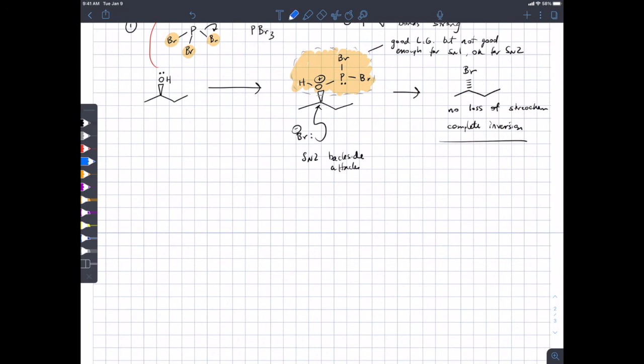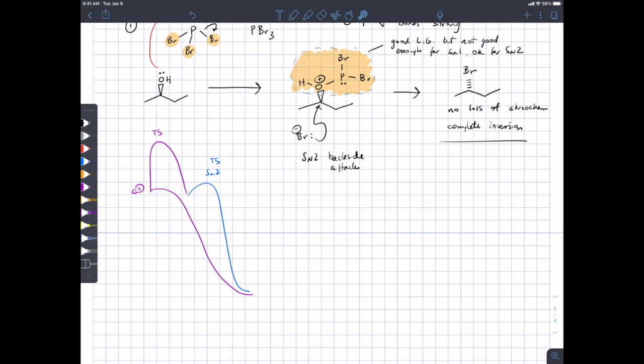And remember, as we think about competition between SN1 and SN2, remember our energy diagram where the leaving group could leave to give a carbocationic intermediate, and then the substitution reaction could happen. Or we could go through the SN2 transition state where the nucleophile comes in as the leaving group leaves.